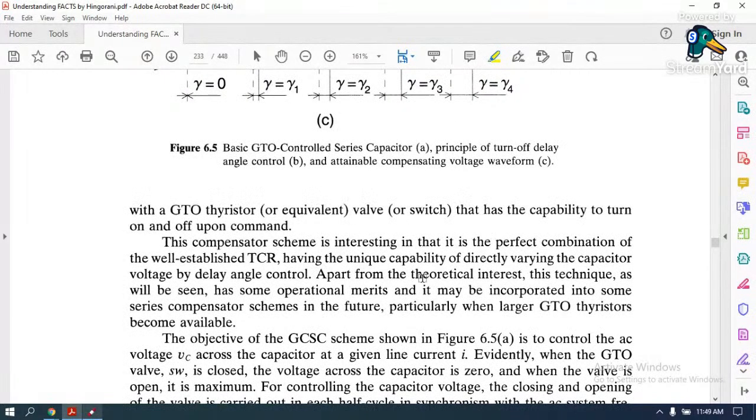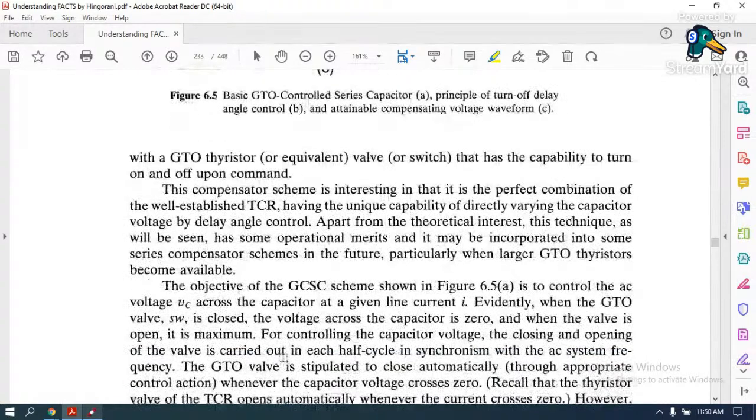Apart from the theoretical interest, this technique, as will be seen, has some operational merits and it may be incorporated into some series compensator scheme in the future, particularly when larger GTO thyristors become available. The objective of the GCSC scheme is to control the AC voltage across the capacitor.